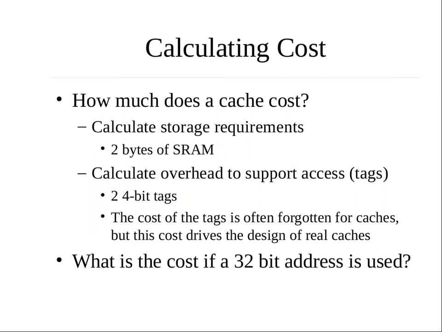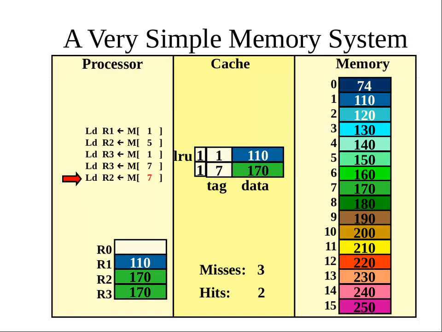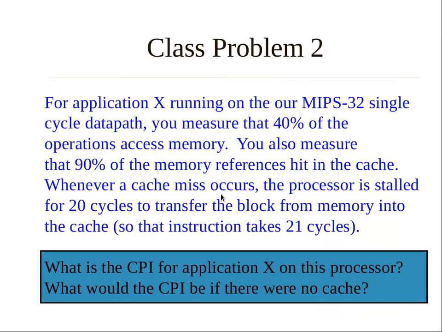All right. Now, calculating the actual cost. These are storage requirements. So it's 2 bytes of SRAM, and you have 2 4-bit tags. This is the cost of our cache, namely how much space it costs to put in there.